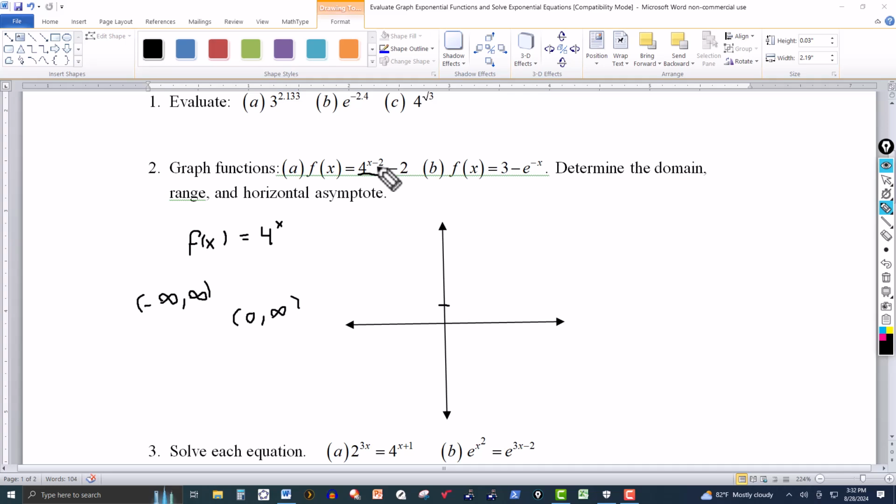But because I have the minus 2 here in the exponent, it moves this over 2 units to the right, and then 2 units down because of this. So instead of having the horizontal asymptote at the x-axis, you're going to have it right there. And this is going to go up like this.